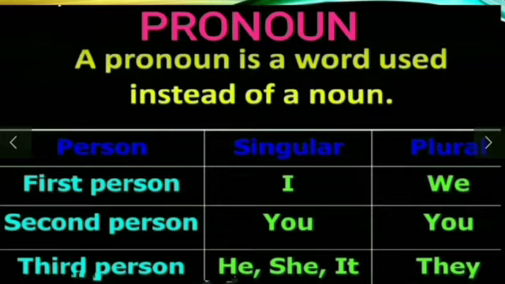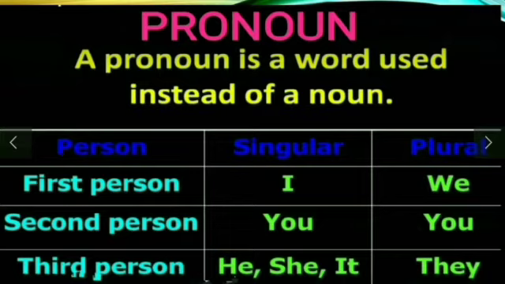That means the person who is listening to me may be singular or plural, but in both the cases, we use the pronoun word you instead of the noun. Got it?